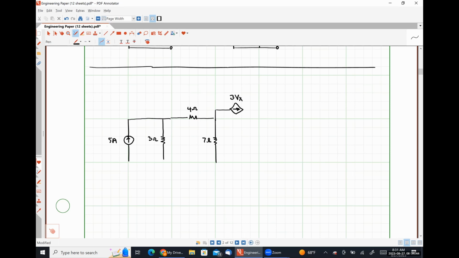Put a dependent current source 3Vx here. 17 ohm resistor here.